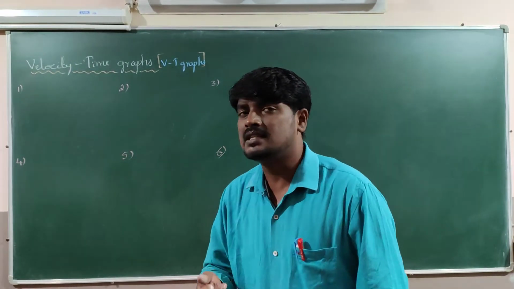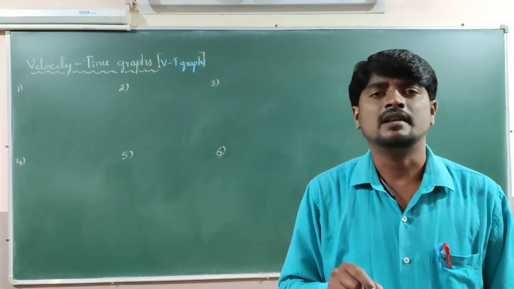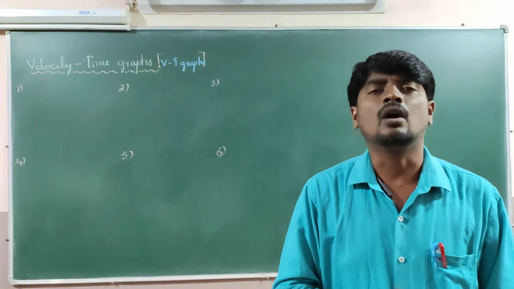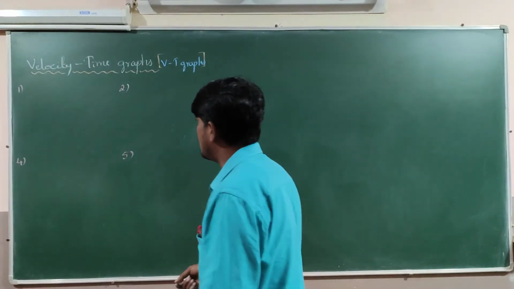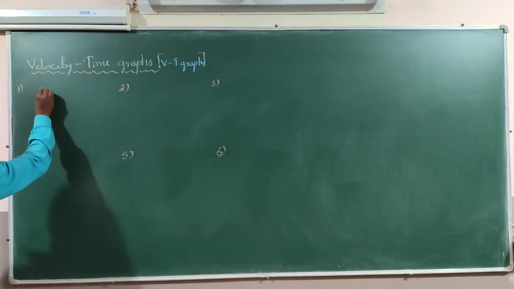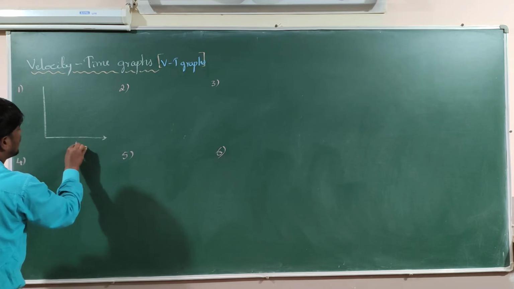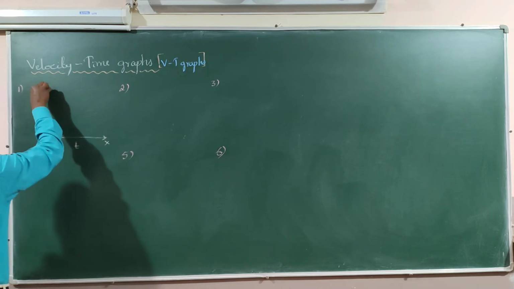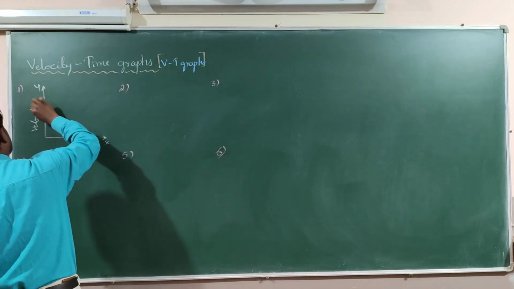Since the velocity is changing with respect to time, the velocity is taken along the y-axis and the time is taken along the x-axis, as we did yesterday. So in the first graph, I will take the time along the x-axis and the velocity along the y-axis. Only one time I am writing this detail.